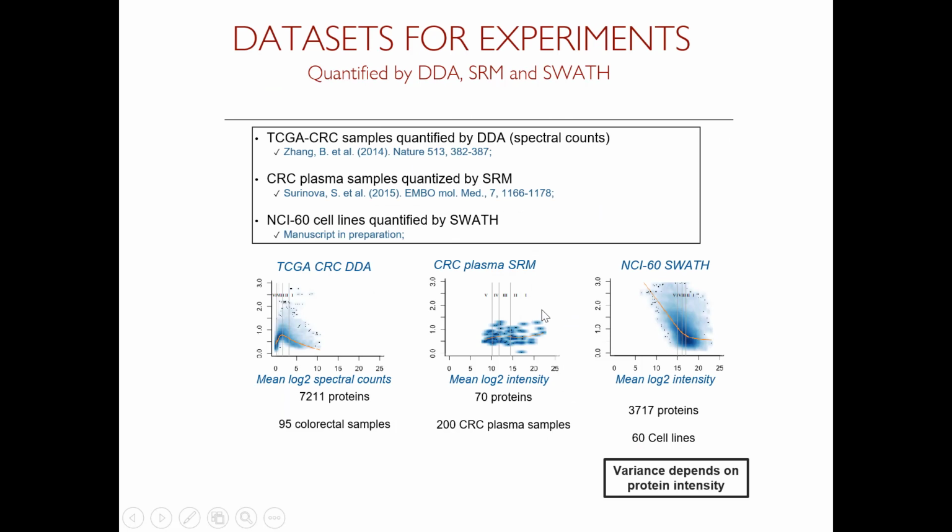The analysis is based on the structure of real data, but the analysis is basically simulation. So now I'll explain what Ting did here. She took a number of published data sets from various types of experiments, DDA experiments, an SRM experiment, and a SWATH experiment, where a number of protein samples were analyzed by the respective techniques.